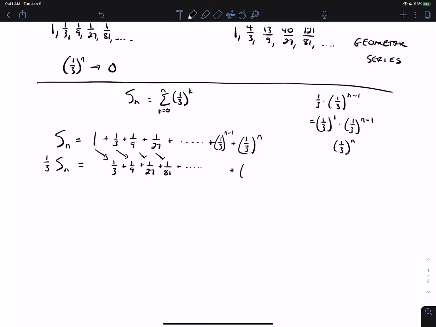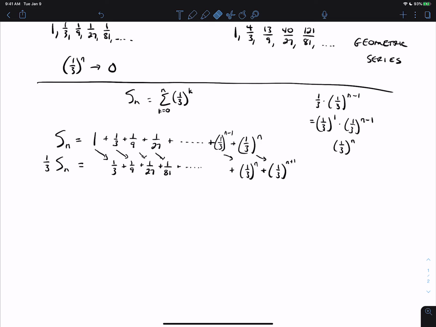That comes from the 1/3 to the n minus 1. Using similar algebra, 1/3 times this last term, 1/3 to the n, is 1/3 to the n plus 1. But again, that came from the 1/3 to the n above.